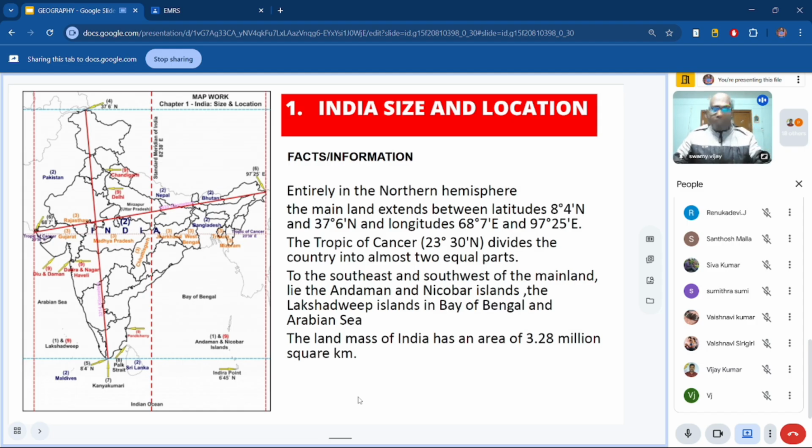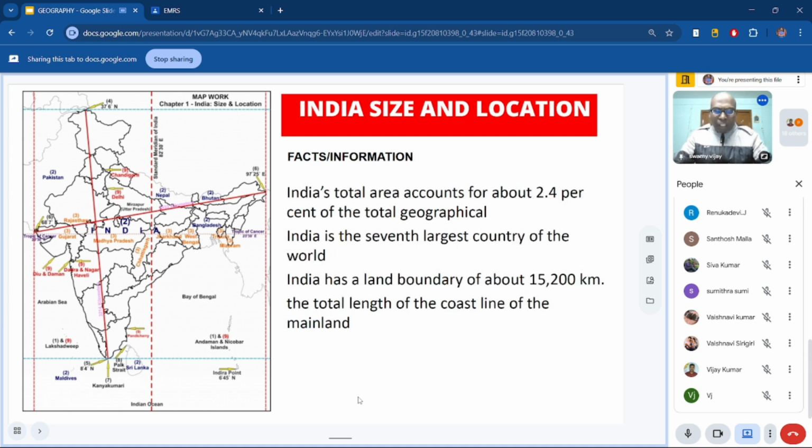Again I repeat. India's total area accounts for about 2.4% of the total geographical area. That means India occupies 2.4% of the geographical area of the entire world. India is the 7th largest country of the world. India has a land boundary of about 15,200 kilometers.